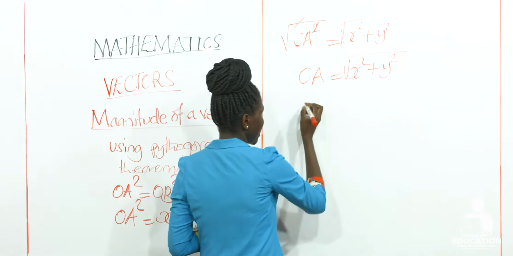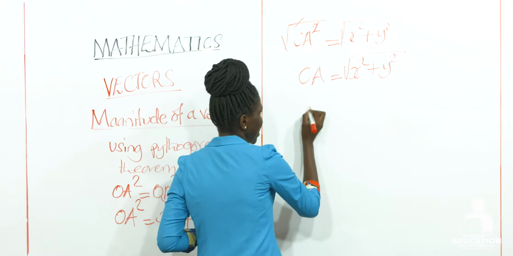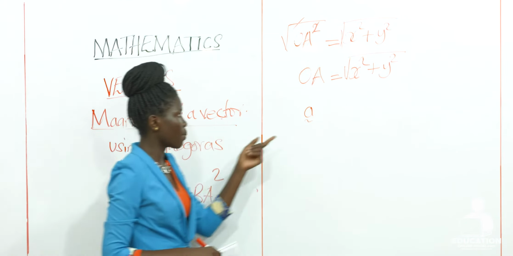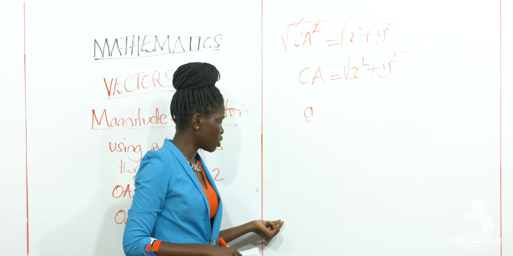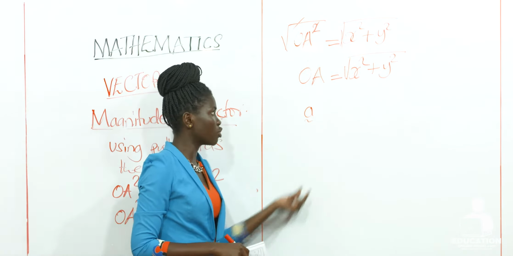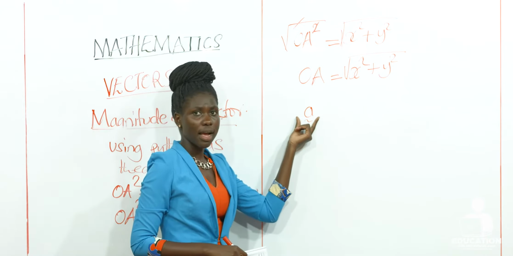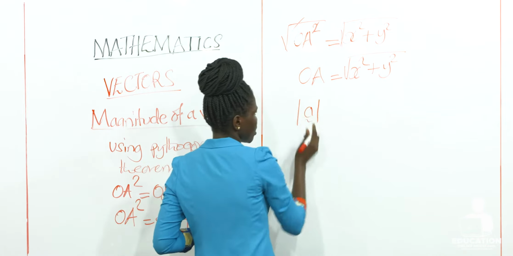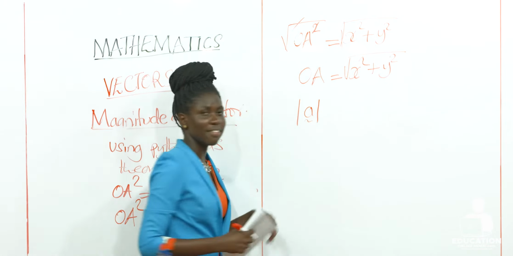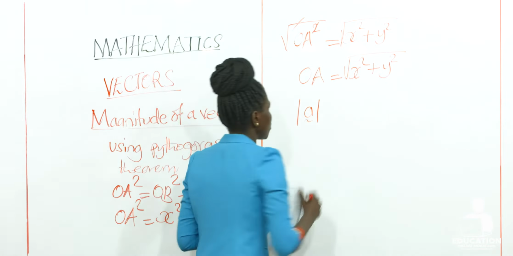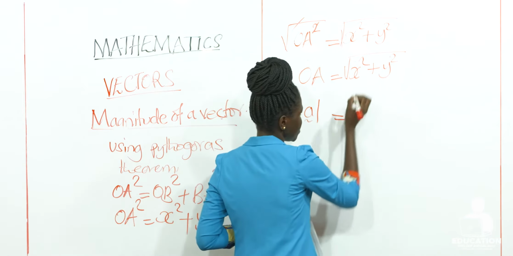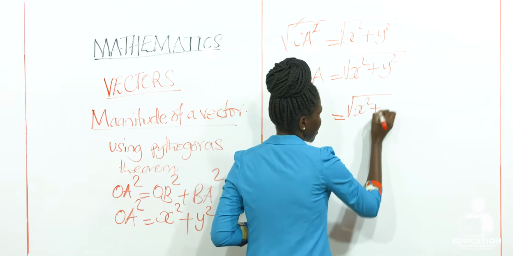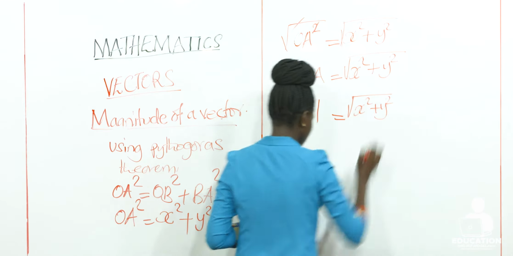We are saying the magnitude can be denoted as, remember we are given in the diagram, our direction, which was the movement from O to A, we had this as our value there at A. So the magnitude of A, these two lines show us that it is the magnitude or the length. So the magnitude of A in this case should be the root of x squared plus y squared.